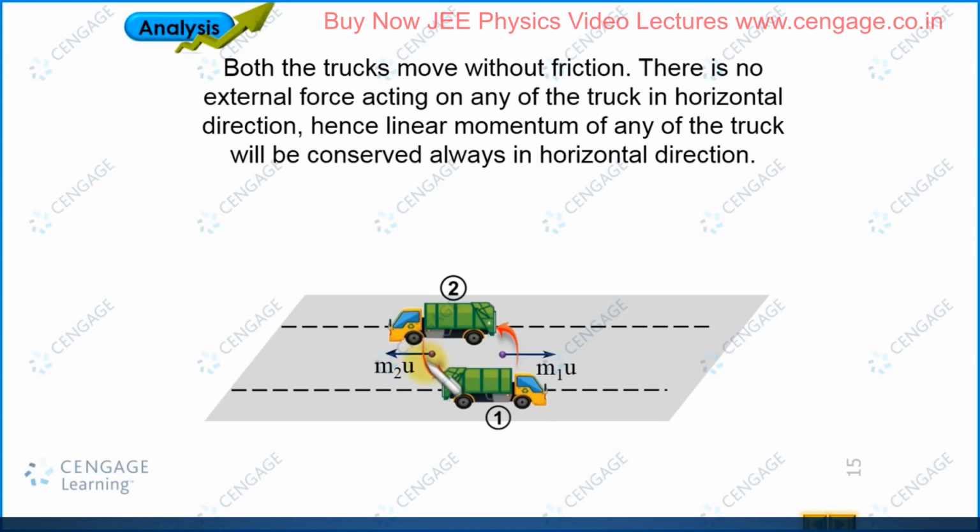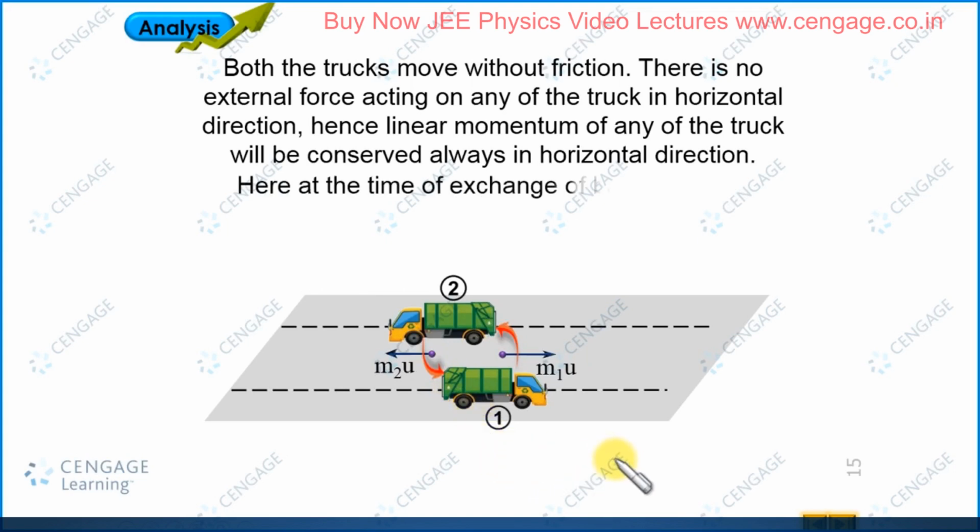That means the linear momentum of the onion bag should be equal to m2 multiplied by u in the leftward direction. If we consider track number 1, what is happening? m1 u linear momentum is subtracted in the rightward direction and m2 u is included in the leftward direction.